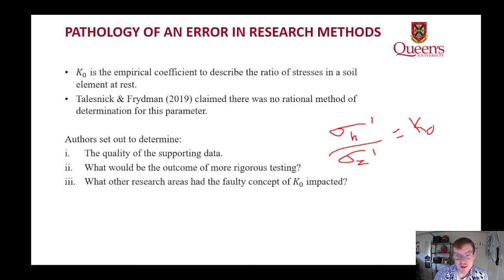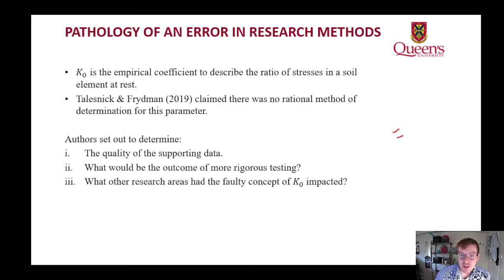Pardon my messy handwriting. So Talesnick and Frydman, given this is an empirical coefficient, meaning it's based upon data from laboratory tests, they set out to share concerns about the validity of this laboratory data and henceforth our understanding of K0. They were a little bit concerned about this.